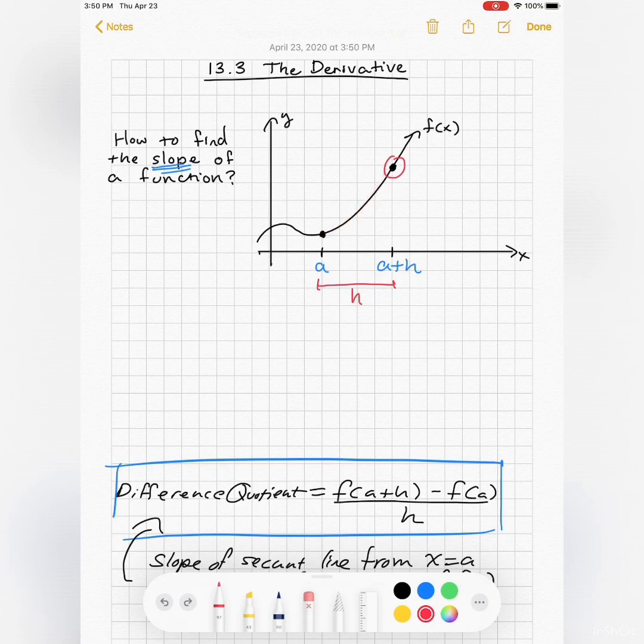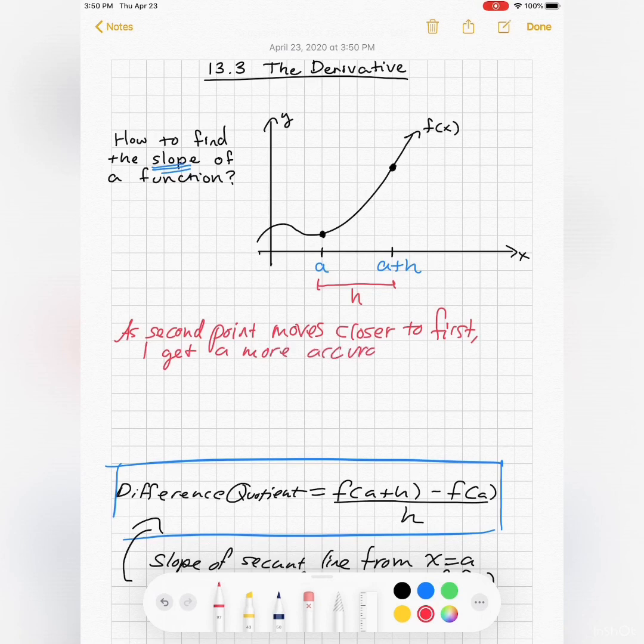Okay, so what am I saying? As the second point moves closer to the first, I get a more and more accurate estimate of the slope of the function at that single value x equals a, which is what I'm really interested in.